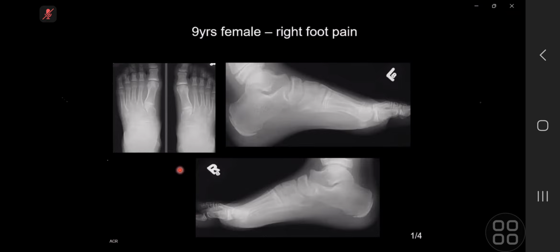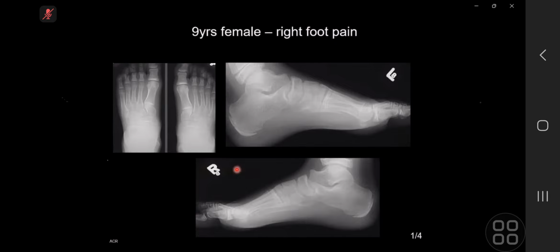So looking more closely at the left and right lateral foot x-rays, the most obvious abnormality I can see is there is a bony protrusion of the anterior talus, which is seen on the right foot but not seen on the left.